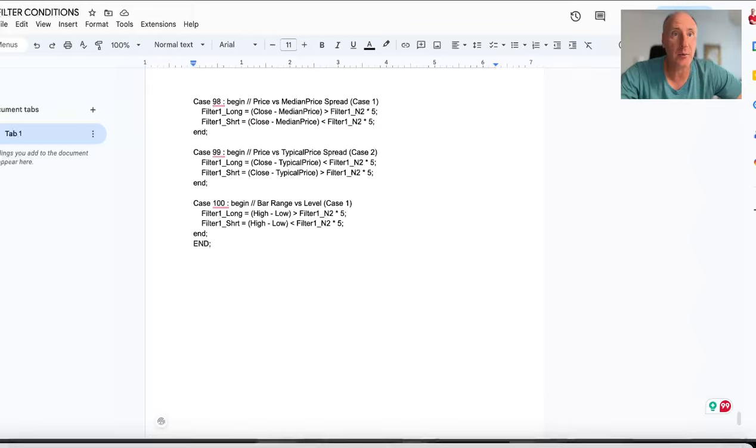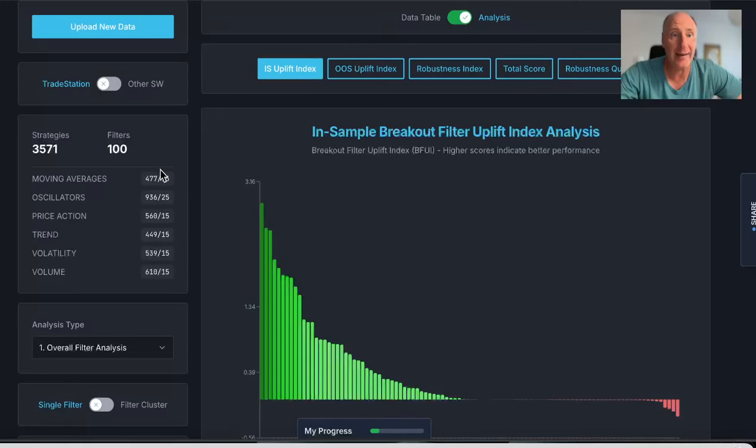But most importantly, I also asked Gemini to create 6 different categories: moving averages, oscillators, price action, trend, volatility, and volume. This is very, very important, because we don't only want to know what is the best filter and best indicator, but also we want to measure the category as a whole. Like, what is the great category of filters we should focus on? And I wanted to represent different categories.